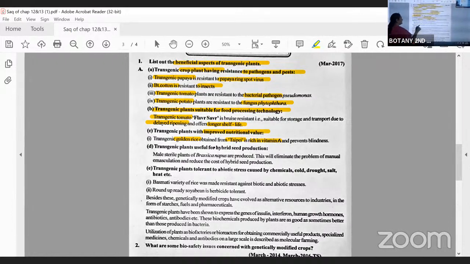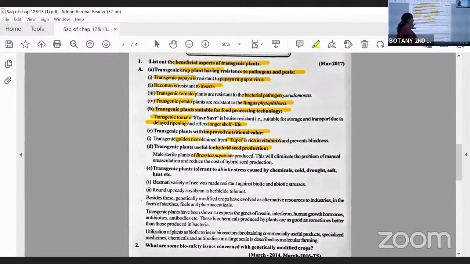And the fourth one in this, with the transgenic plants, what is the fourth one? It is used in hybrid seed production. Hybrid seeds are produced for a few plants only now. That is Brassica napus. The plant name is also very important. The male sterile plants of Brassica napus are produced with these transgenic plants.